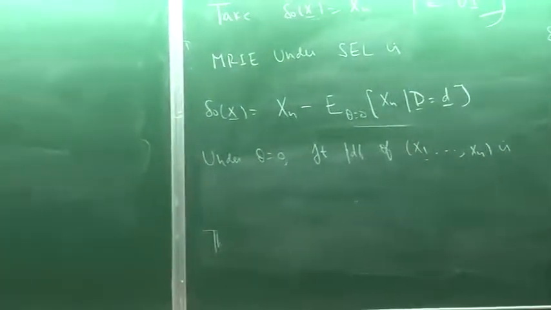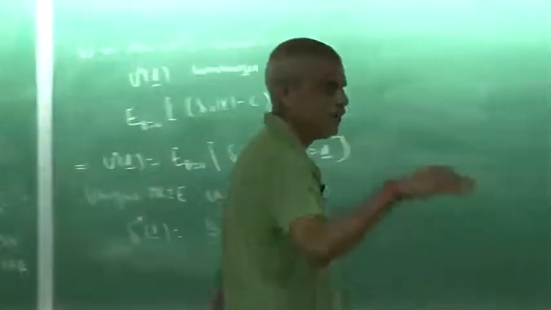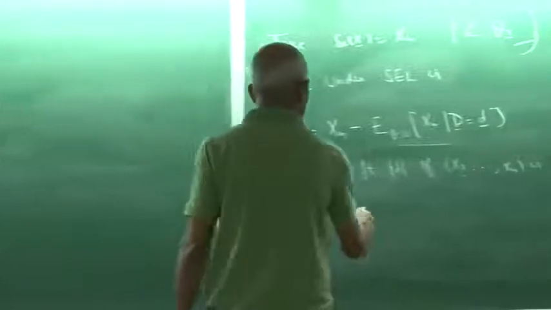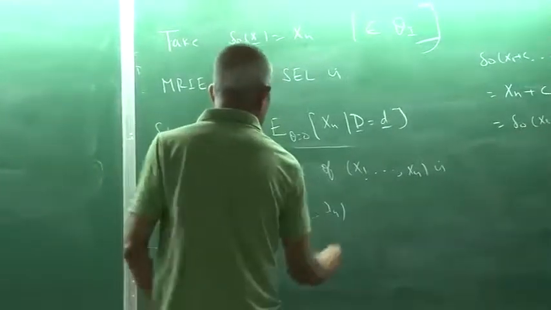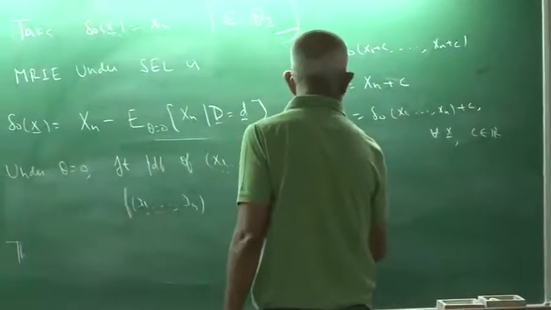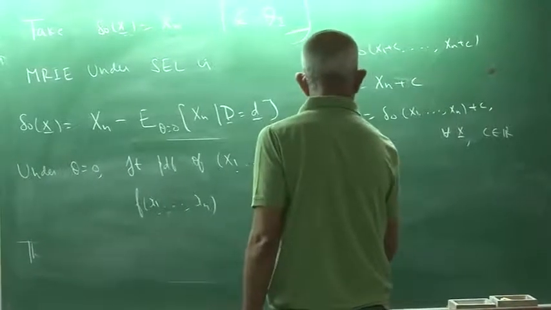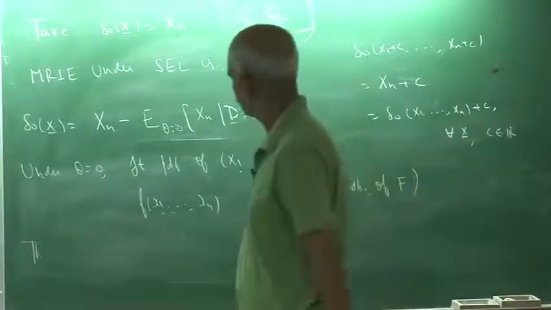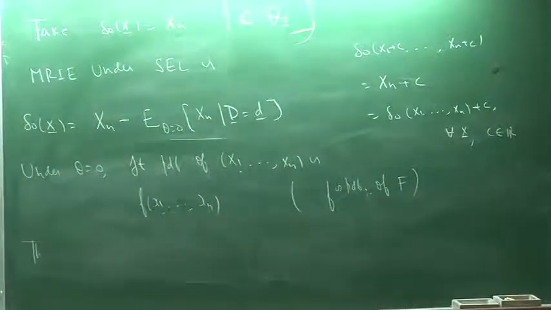It was f of x1 minus theta, x2 minus theta, ..., xn minus theta, where f is the PDF corresponding to capital F. It is the same as f of x1, x2, ..., xn, where f is the PDF of capital F. In general, it will be f of x1 minus theta, ..., xn minus theta, but I have taken theta to be 0 because I have to find all these conditional expectations under theta is equal to 0.